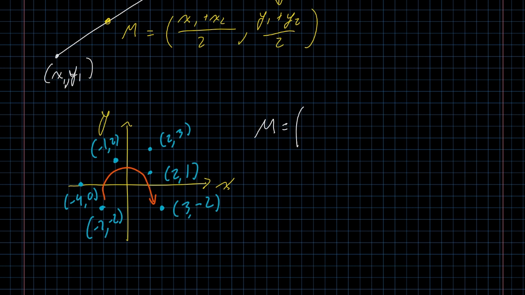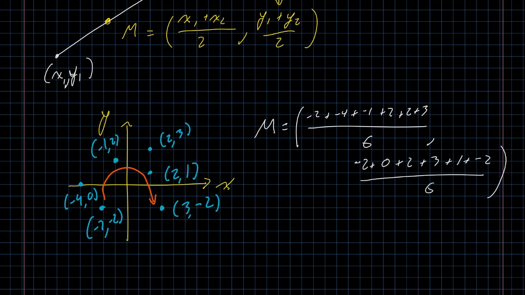So it's going to be -2, -4, -1, 2, 2, and 3. There are 6 of them, so divide by 6 to calculate the average. And then we'll do the same thing with the y coordinates. -2, 0, 2, 3, 1, and -2. Once again, divide by 6 because there are 6 of them.